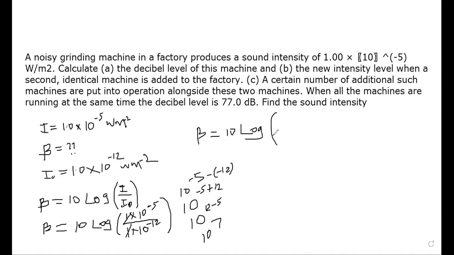Okay, so here we are going to replace 10 to the power 7. When we simplify it, we will get that beta is equal to 70 decibel. This I would like you to try on your own to see.